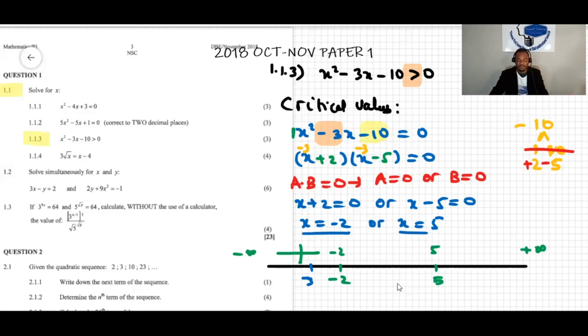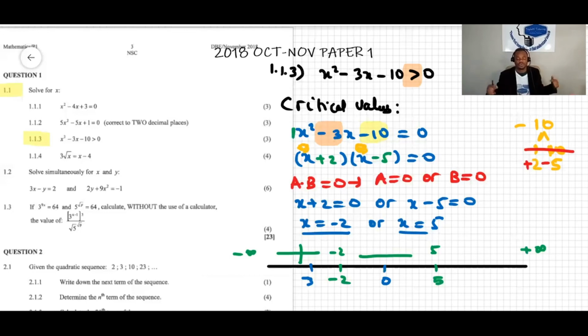Now move on to the next interval. Select another number, like 0 for instance. If I assign 0 for x, we'll have 2 times negative 5, which is a negative answer. This tells me that in this interval, the solution will always be negative, regardless of the value that you select within the interval.